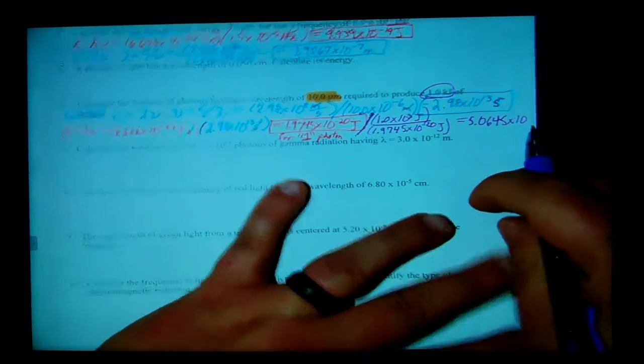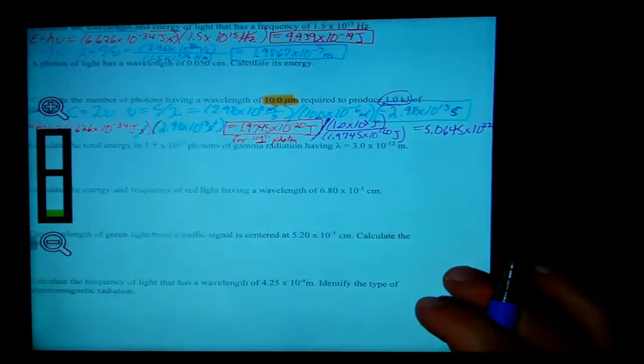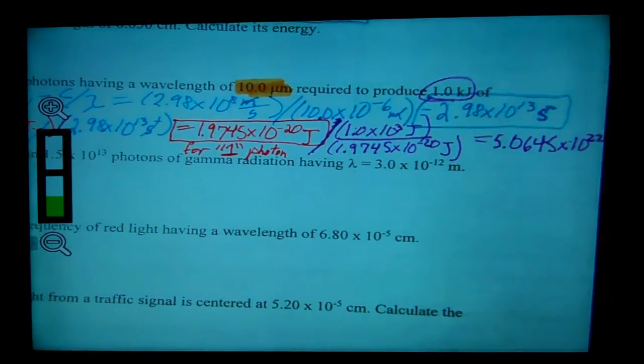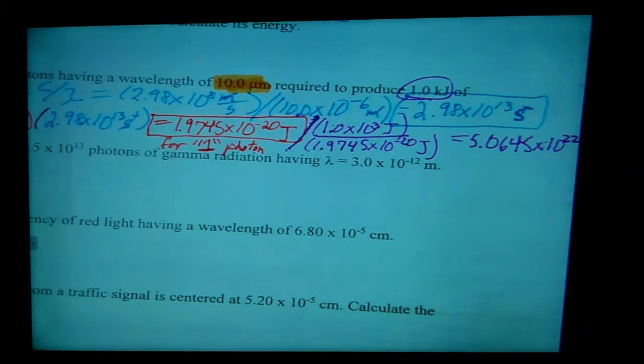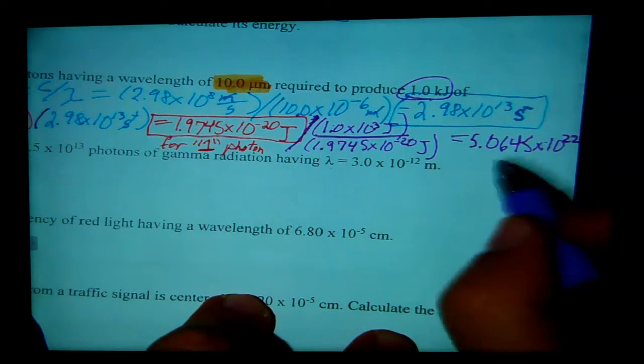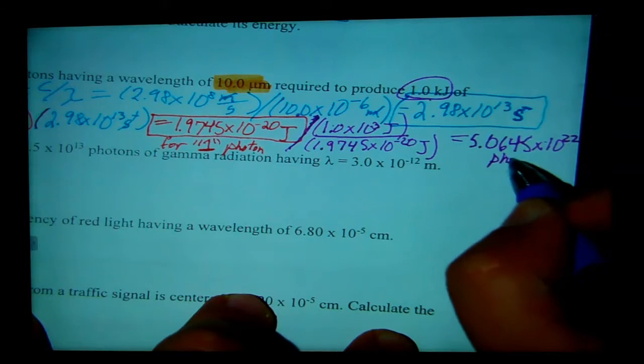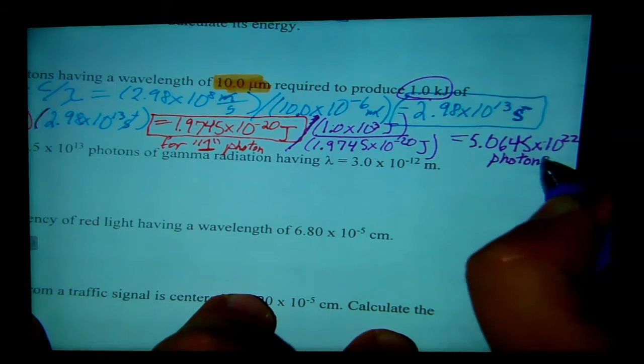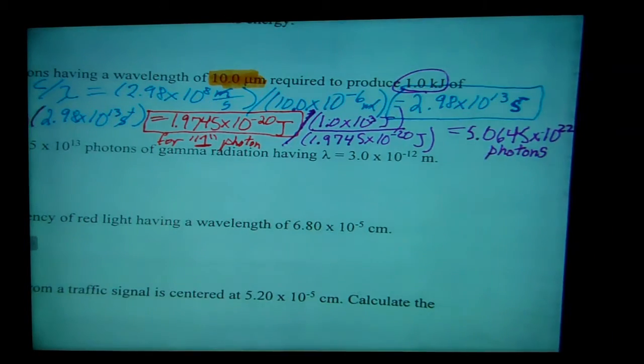Mr. Hall, for that purple one, what is the unit? I can't say it for joules. Photon. Is there a way we write it? Okay. Now in this, think about this.